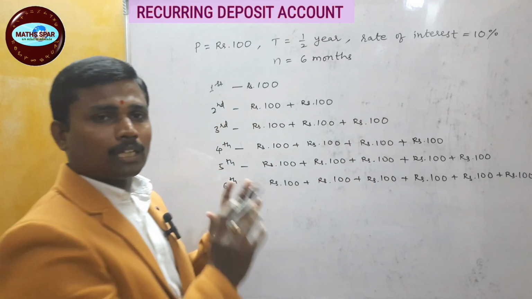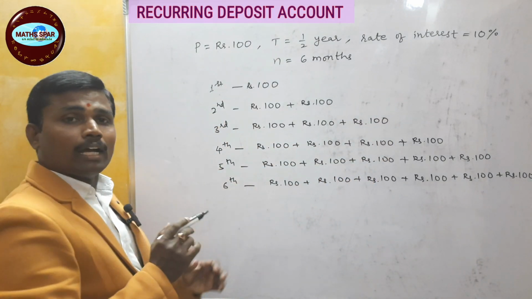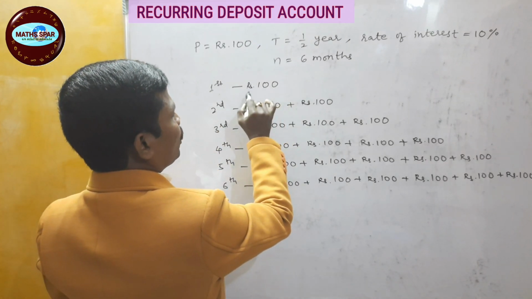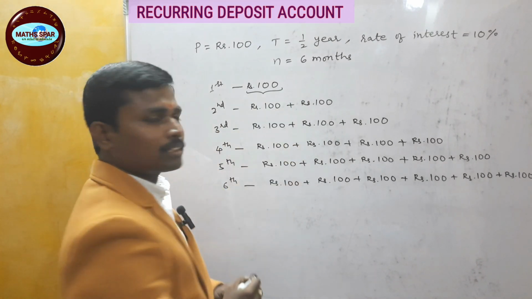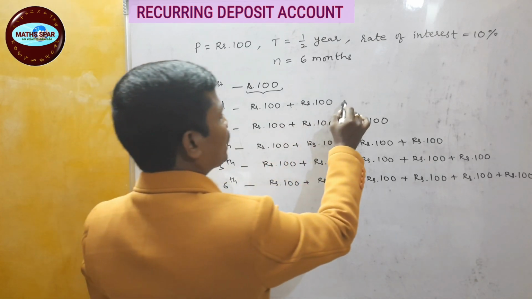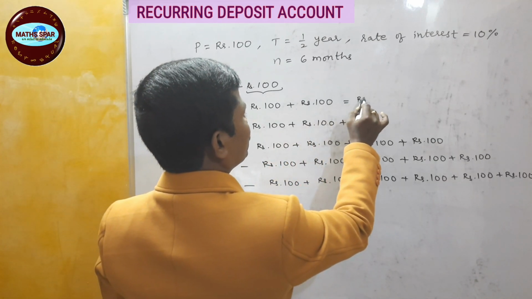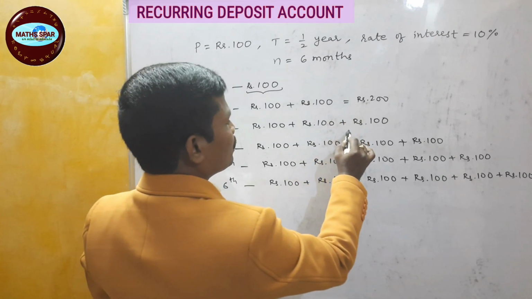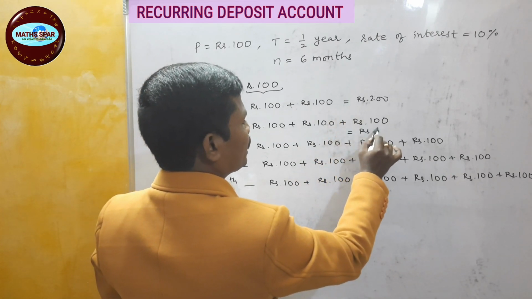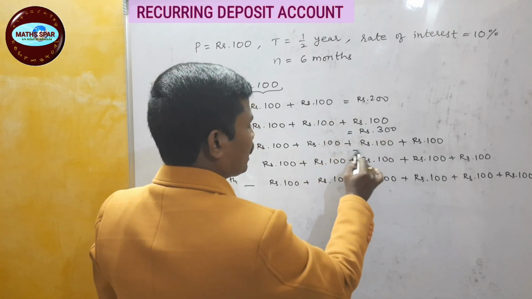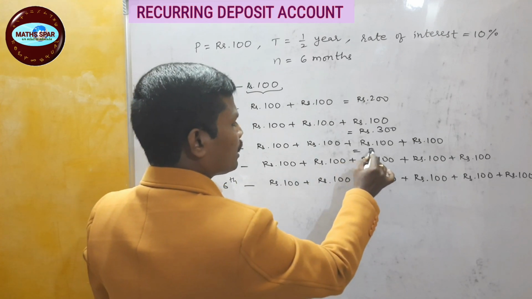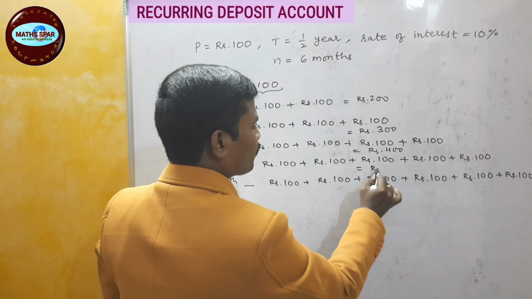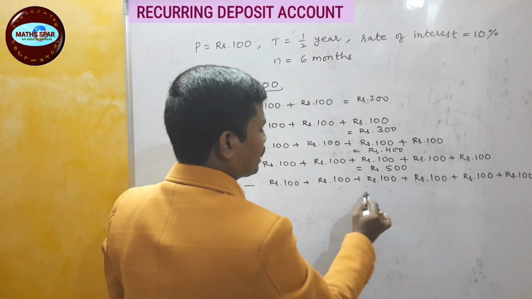Now if you have observed this, at the end of first month he will get the interest on 100 rupees. At the end of second month he will get the interest on 200 rupees. At the end of third month he will get the interest on 300 rupees. At the end of fourth month he will get the interest on 400 rupees. At the end of fifth month he will get the interest on 500 rupees.